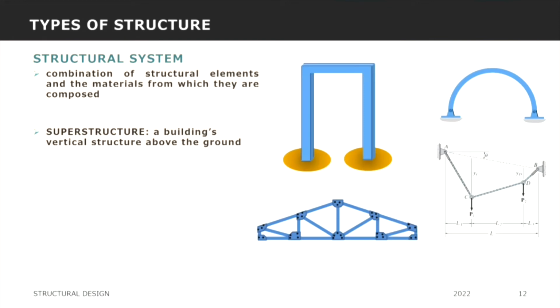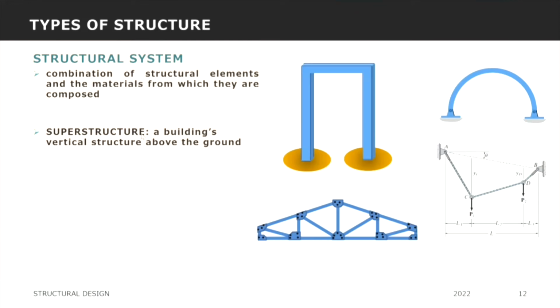Possible din na magkaroon ng higit sa isang structural system. For example, ay yung concrete foundation supporting a light wood frame superstructure. So, on the right side are the illustrations of structural systems: the frames, trusses, arc, and cables.